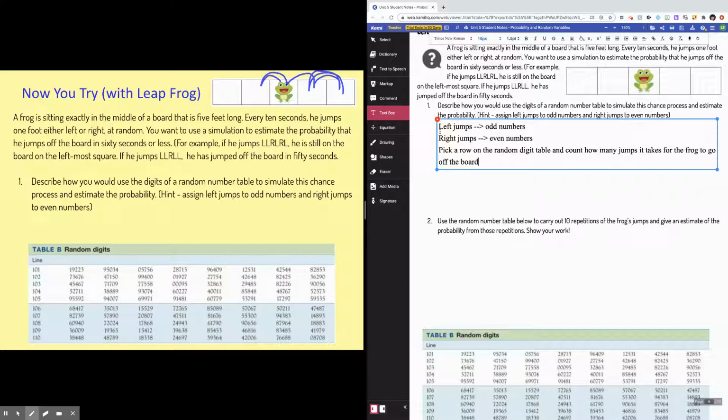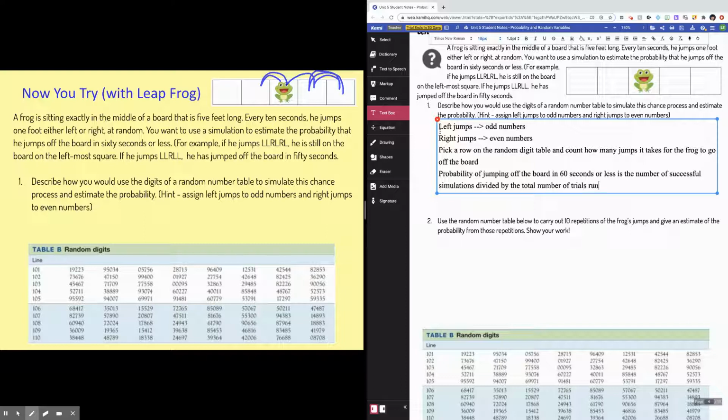Okay, then the probability of jumping off the board in 60 seconds or less is the number of successful simulations divided by the total number of trials run.